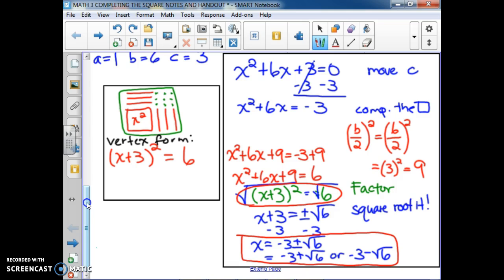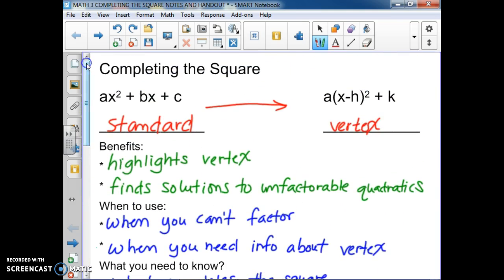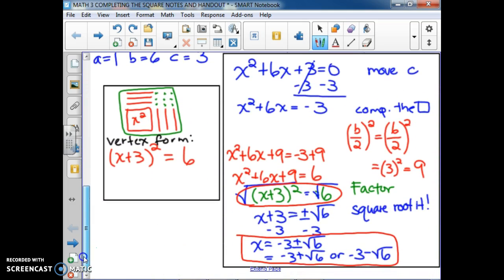If you look back up at the top of your paper, I'm going to scroll up really quickly. Vertex form is a times x minus h squared plus k. Then go back down. We are very close to that. The only thing we need to do is subtract 6 from both sides so we can get everything over to the left-hand side. These cancel out, and I'll be left with x plus 3 squared minus 6 equals 0.